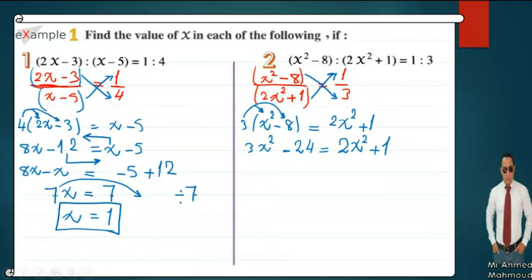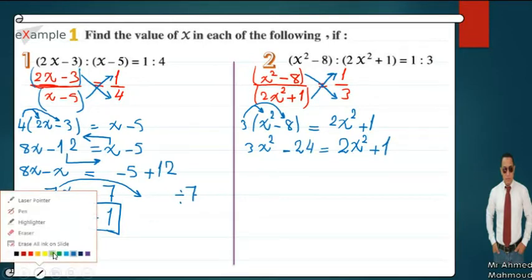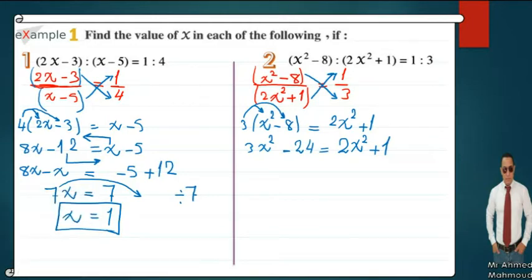Now I'm going to collect x on one side and the numbers on one side like this. I will send minus 24 there, and 2x² I will send to the left side.